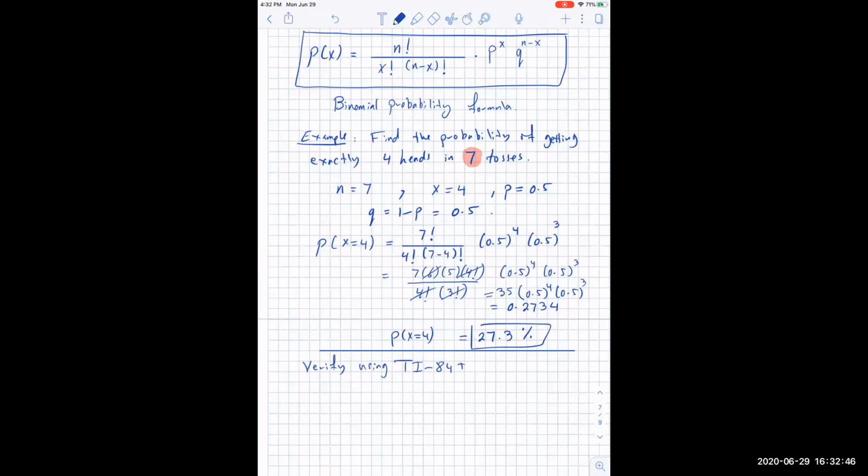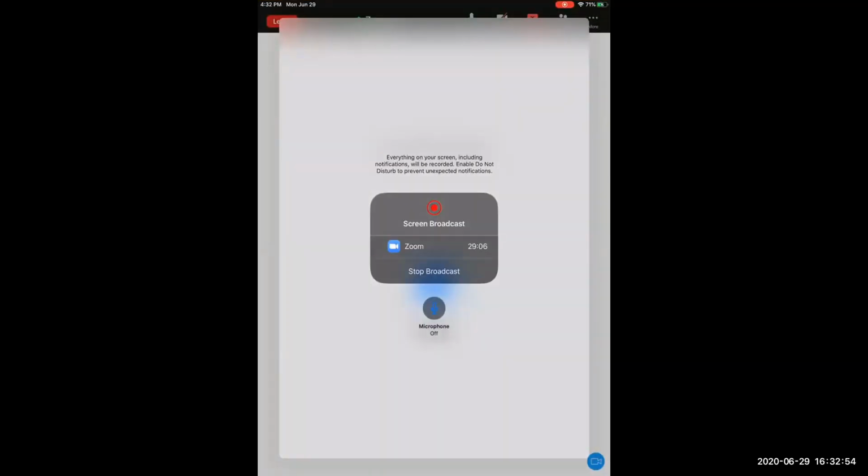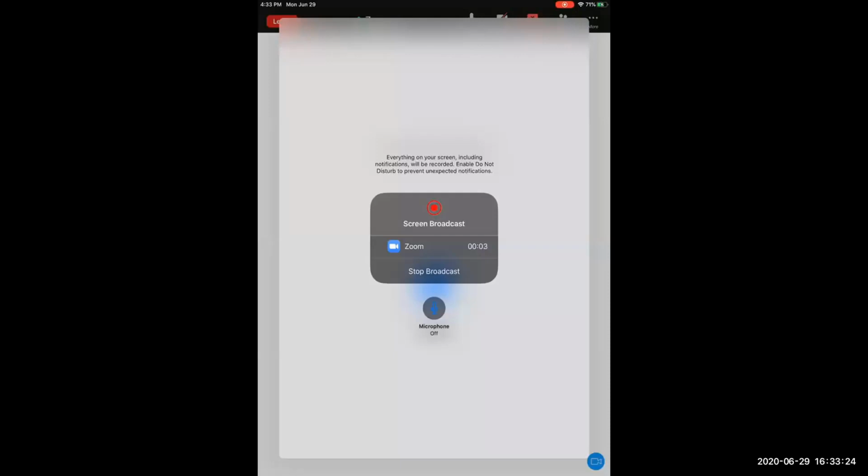Let me switch screens. All right, so share screen.